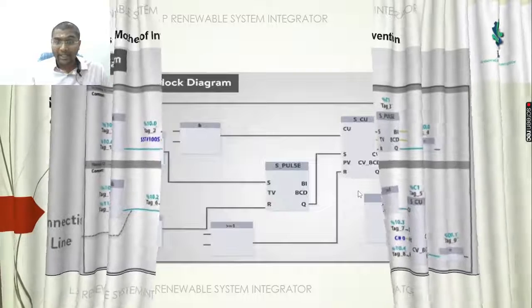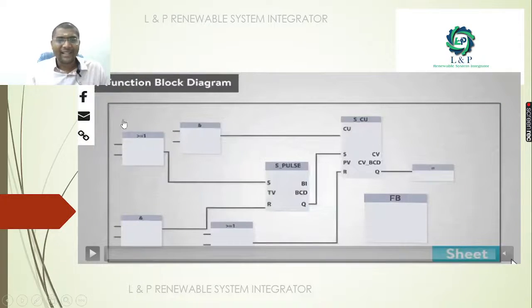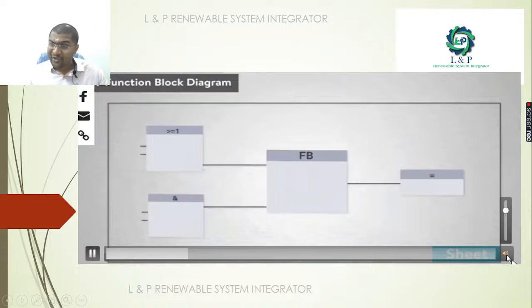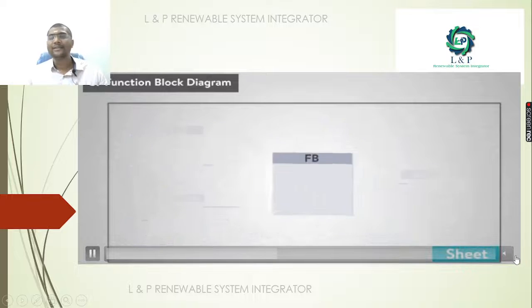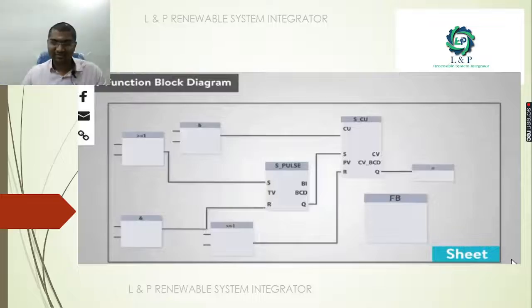As I told earlier, we have so many logics and diagrams, and everything we can compress and bring inside a function block. That is the best advantage of the function block diagram. It was first invented for the Siemens PLC. See here, so that we can use a single function block for doing our requirements.